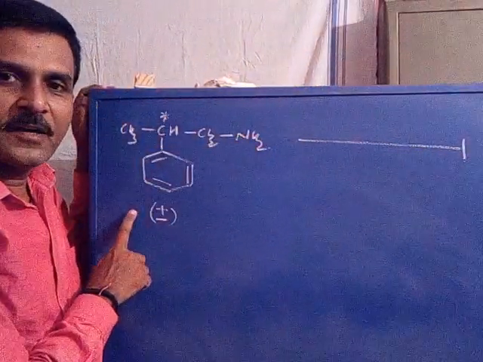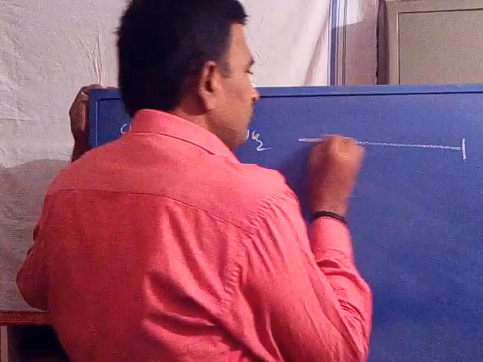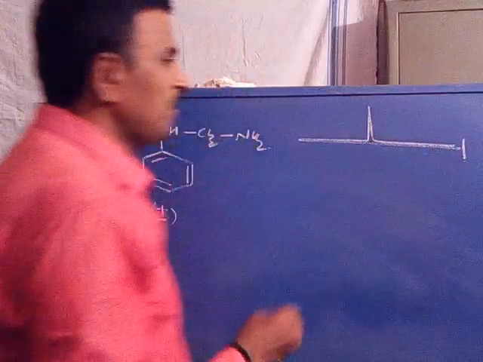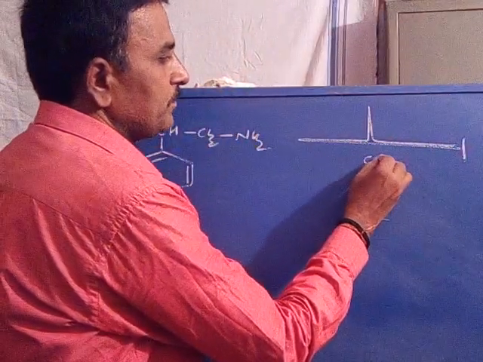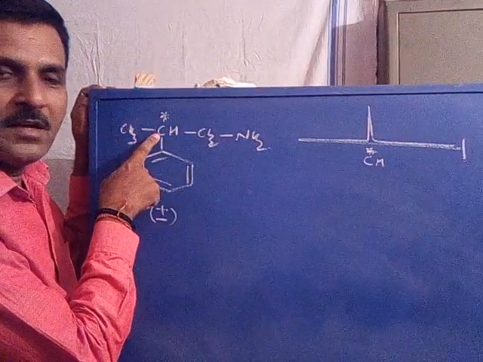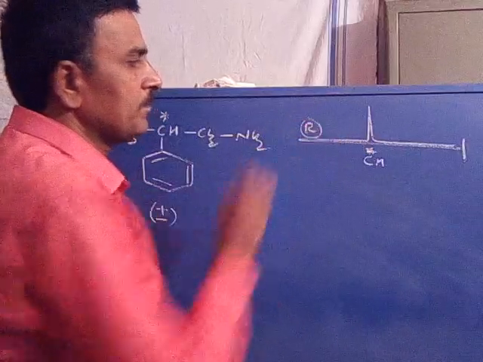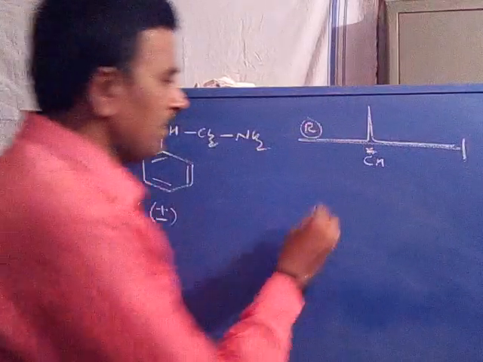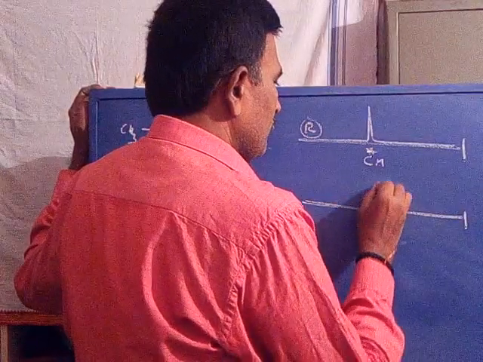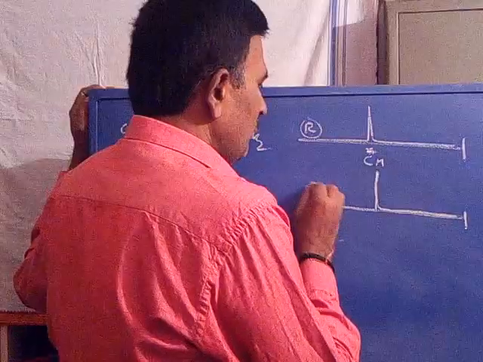Now when we record the spectrum of this molecule, we have a signal for the CH proton. This is the CH proton signal. A signal for the CH proton, say R isomer, and the signal for the same proton, say S isomer.